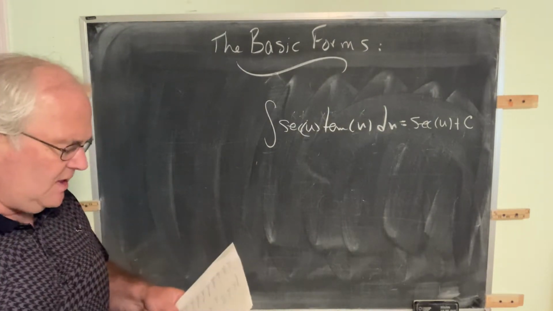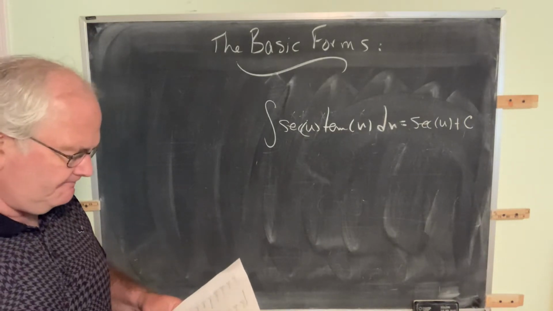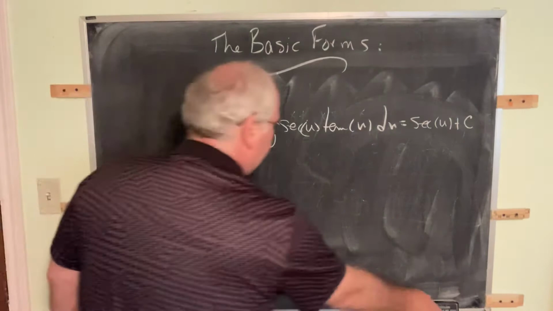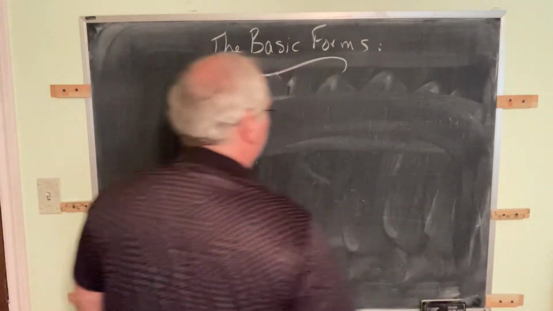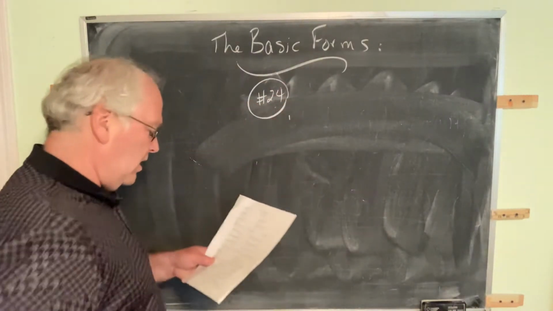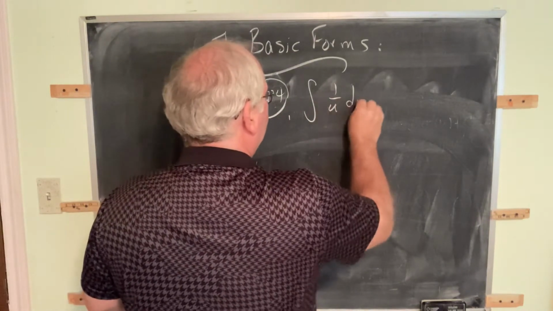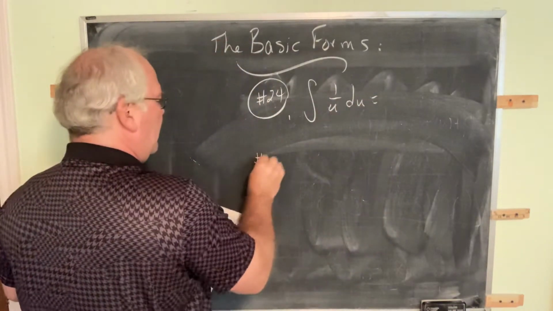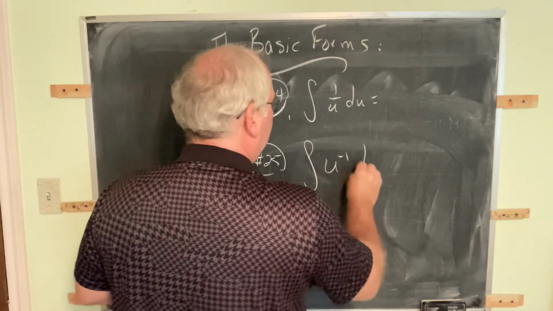A couple of these might just be worth noting. Number 24 and number 25 are two different forms of the same rule. Number 24 says it's the antiderivative of 1 over u, and number 25 is the antiderivative of u to the negative 1.